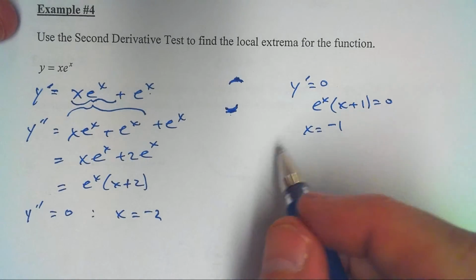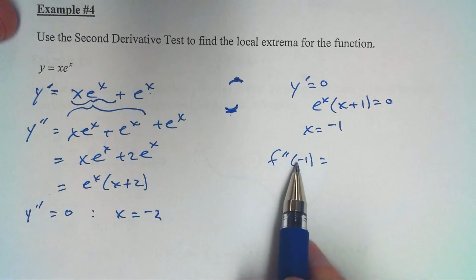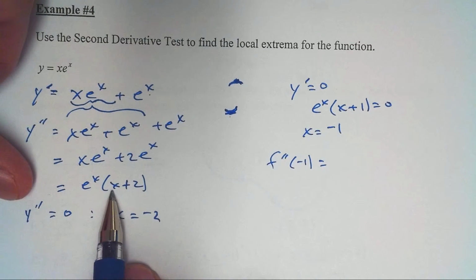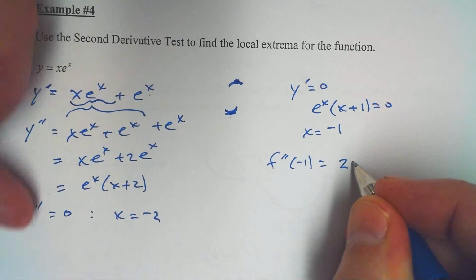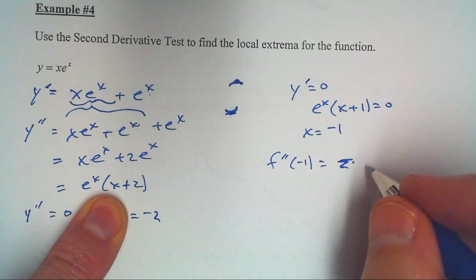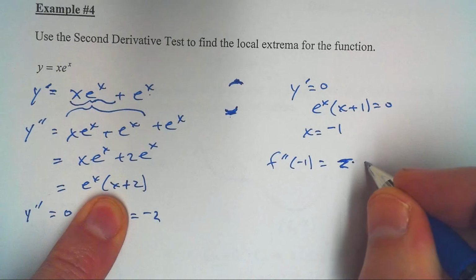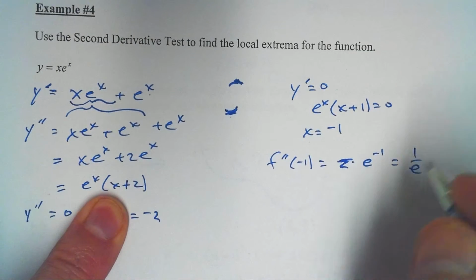And now I want to find out what f double prime of -1 is. F double prime of -1 is, put in -1 here, and I get e to the -1st, or 1 on e, but that is positive.